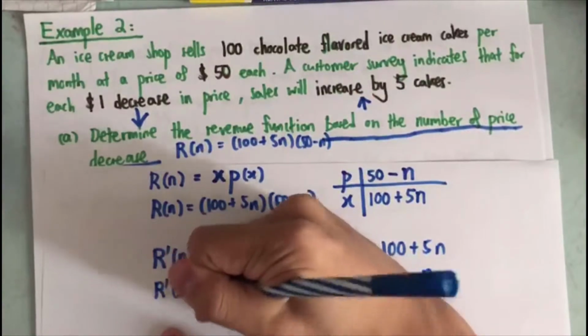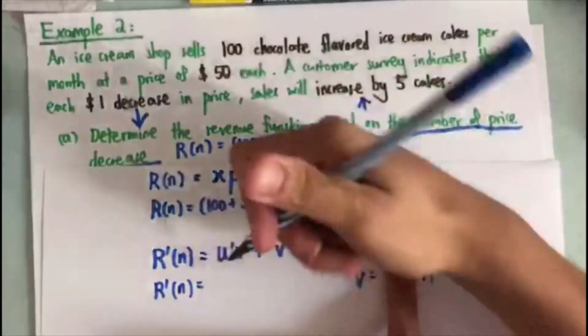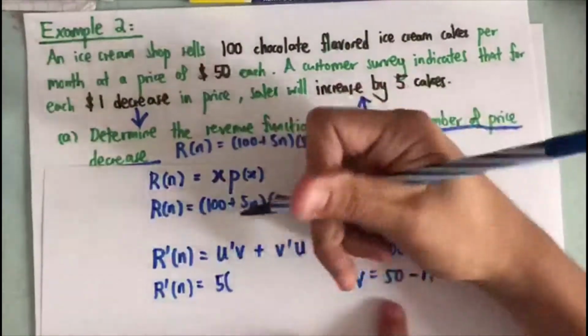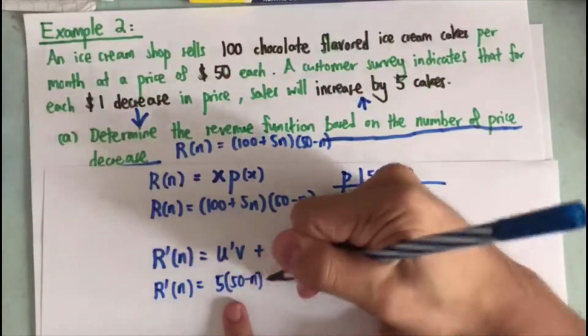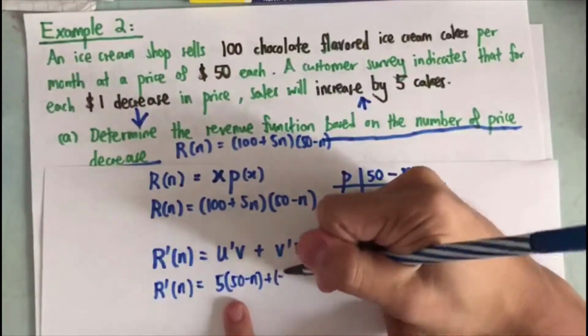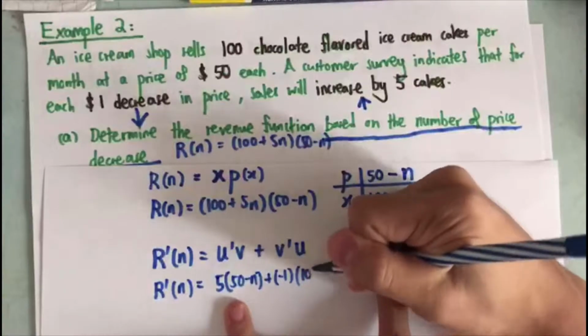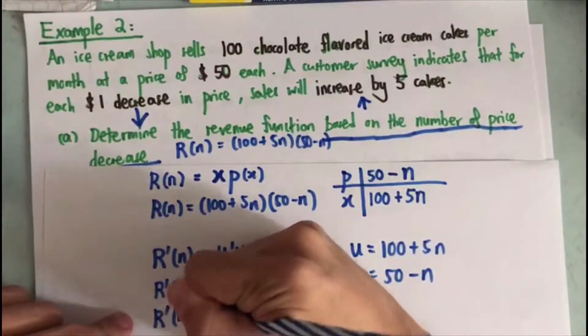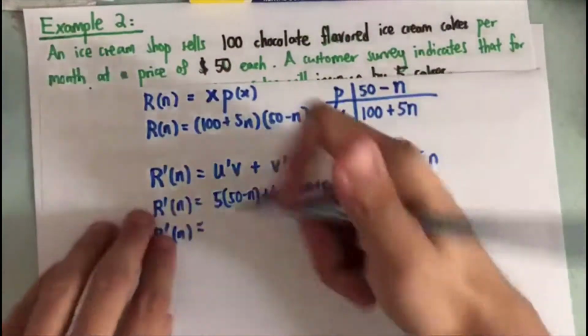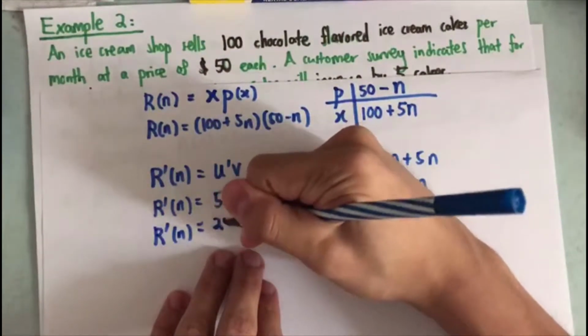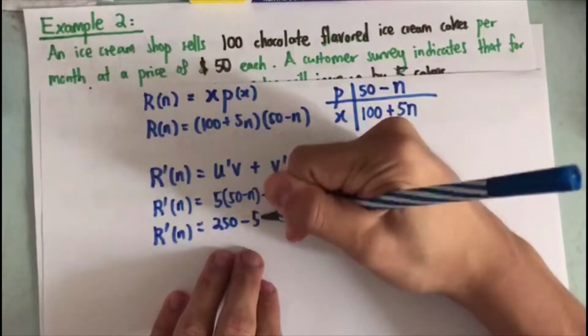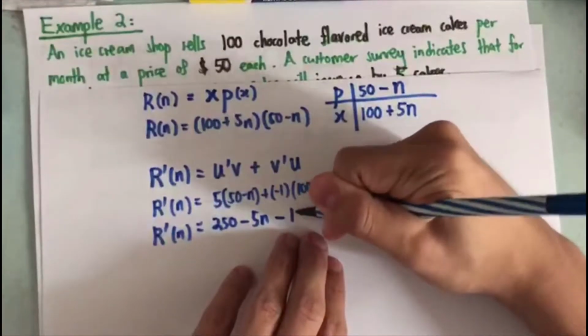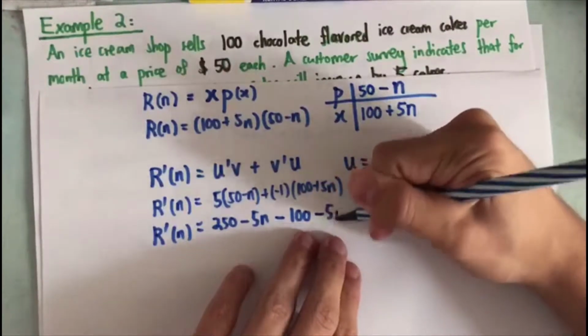So, u prime will be 5, v will be 50 minus n, plus v prime will be negative 1, u will be 100 plus 5n. And then expand and simplify it. 250 minus 5n minus 100 minus 5n.